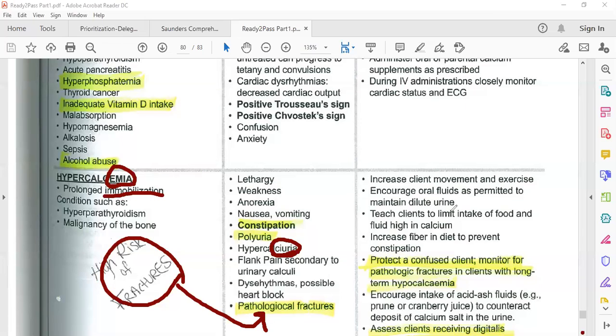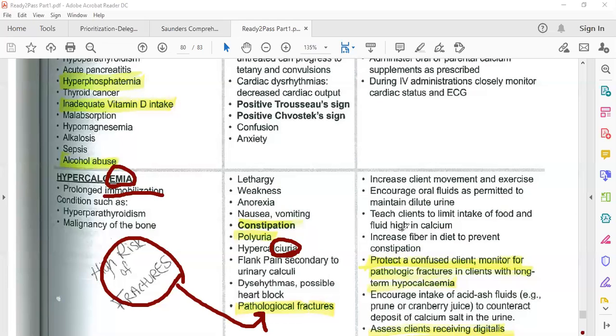Teach the client to limit intake of food and fluid high in calcium. Just to recap, what are the food sources of calcium? Milk and milk products, or dairy products, dark green vegetables, or fortified food.